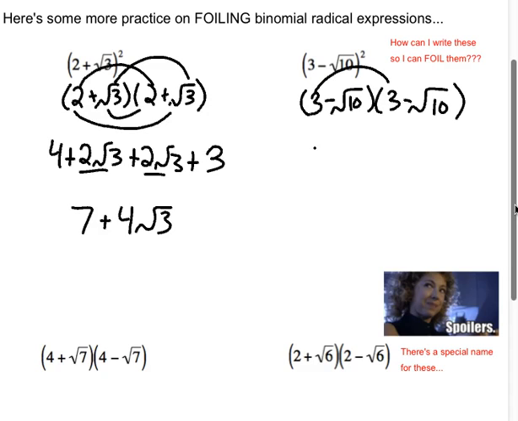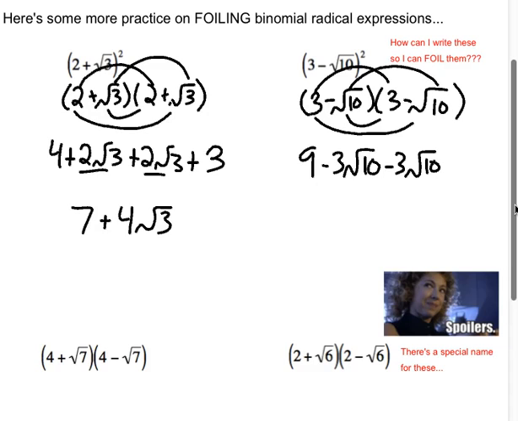So here I get 9 minus 3 square roots of 10 minus 3 square roots of 10. Negative times a negative is positive, and square root of 100 is just 10. 9 plus 10 gives me 19. Negative 3 minus another 3 is a negative 6 square roots of 10.